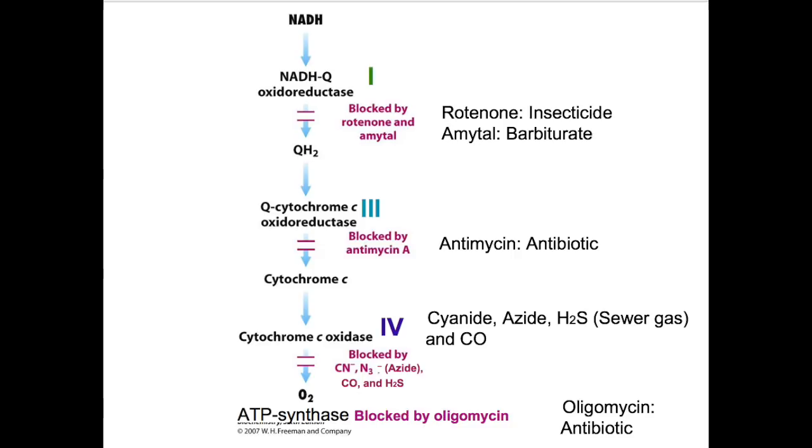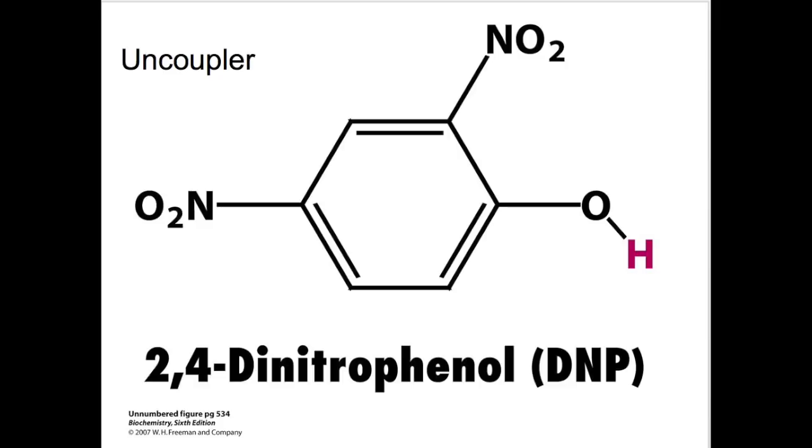So say, for instance, though, you did an experiment in which you poisoned mitochondria with oligomycin to block ATP synthesis, and eventually the electron transport chain slowed down and stopped. But then you treated these mitochondria with the uncoupler DNP. What would happen?